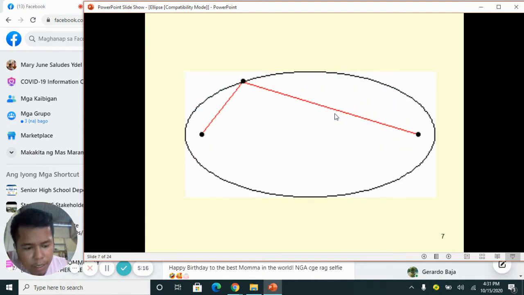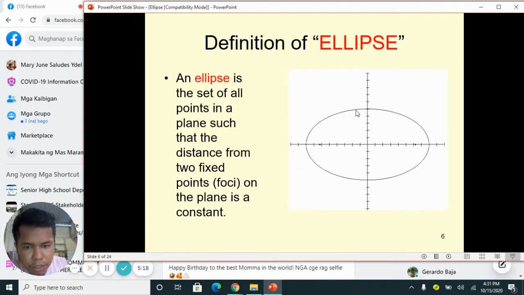A set of points such that the distance from two fixed points on the plane is constant.